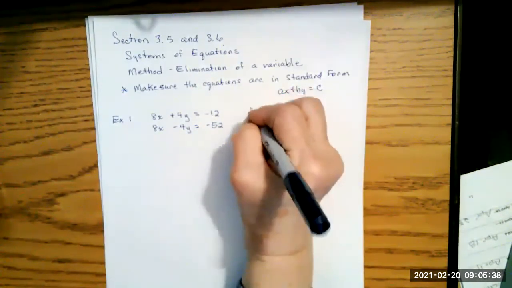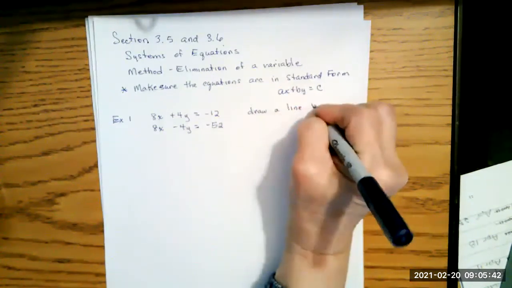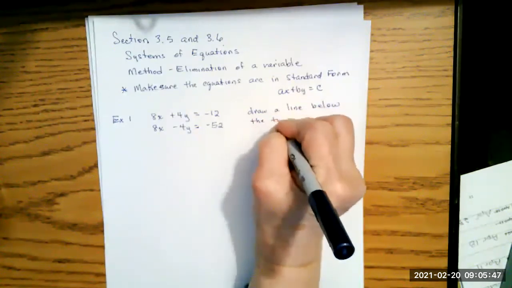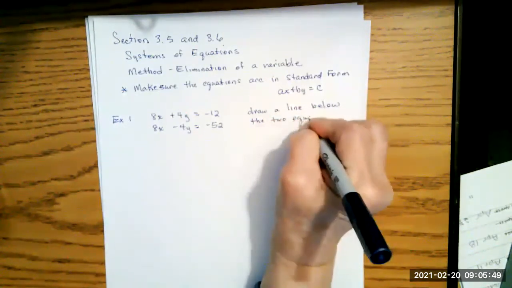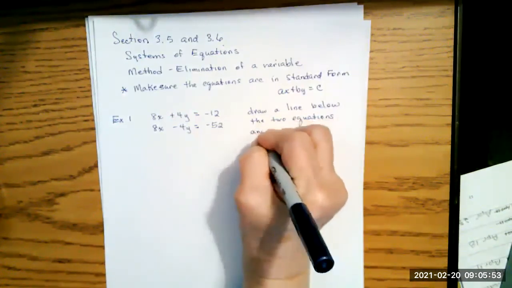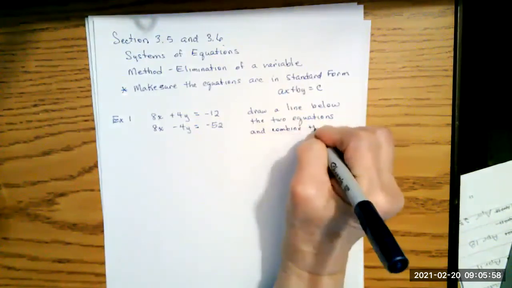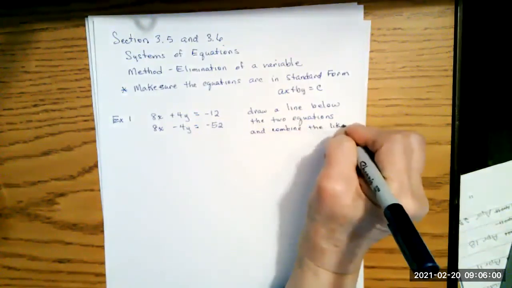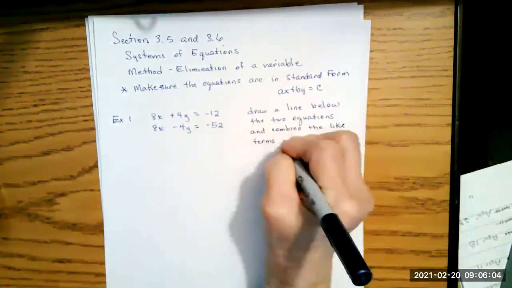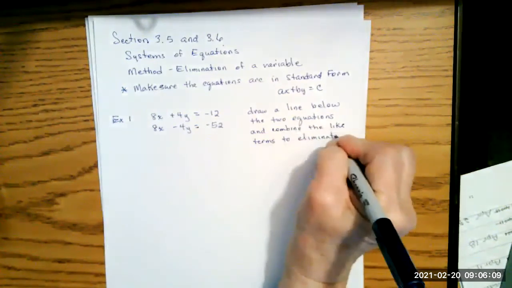So you want to draw a line below the two equations and combine the like terms to eliminate a variable.